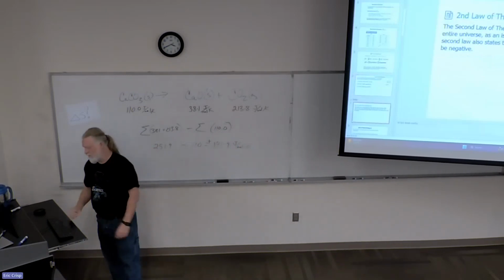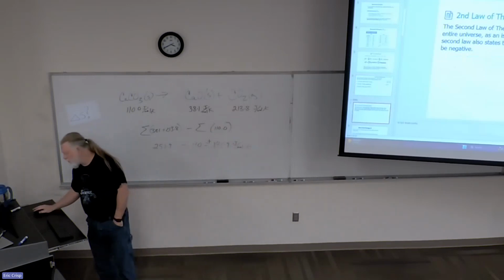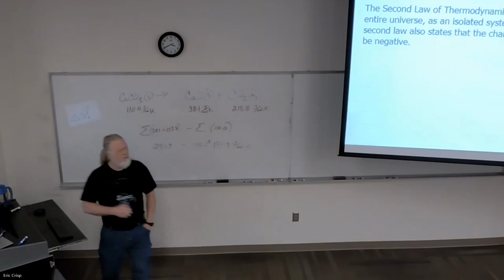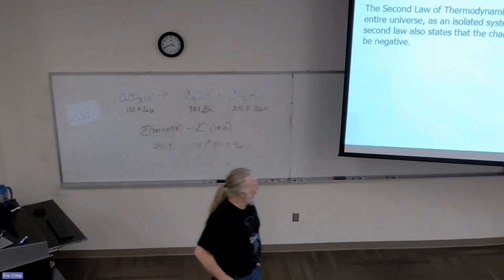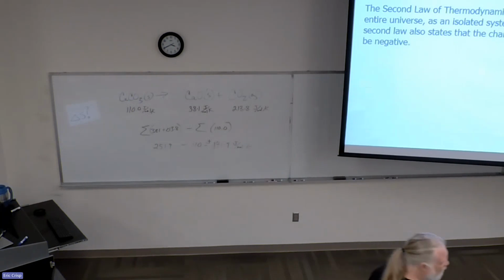I'm not going to do all these for the sake of time here. Now, our second law of thermodynamics. This is the one we're focusing on here. Reading that through, it's written in science language, right? But what does this tell you? What does the second law tell us?